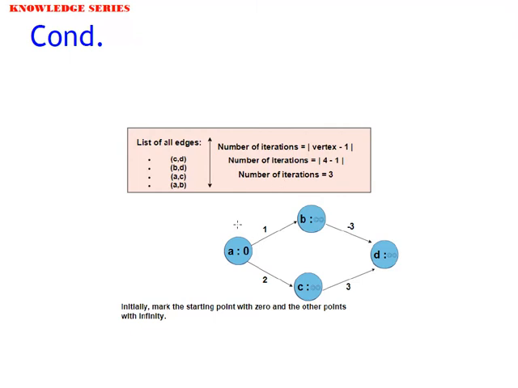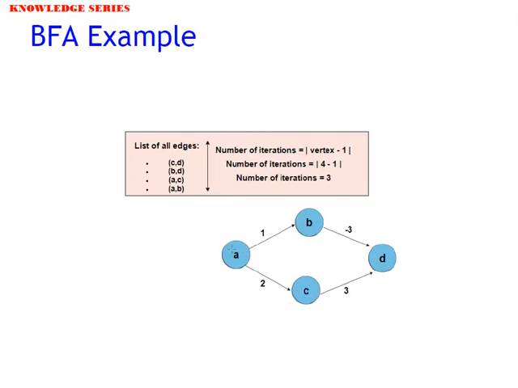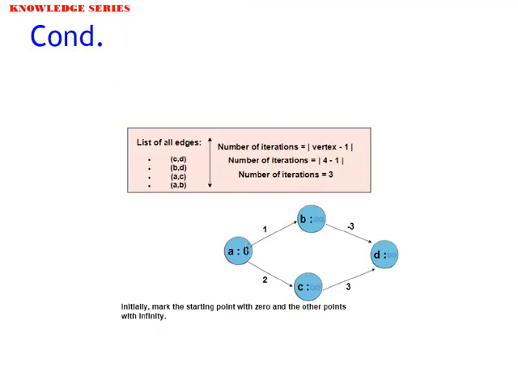You should start by assigning a minimum distance for the initial point as 0, and all other nodes you should maintain as infinite. So you can see A is assigned 0, B infinite, C infinite, D infinite.